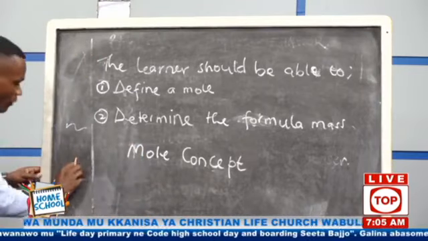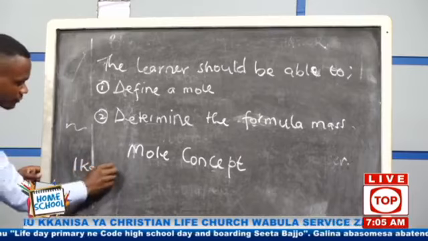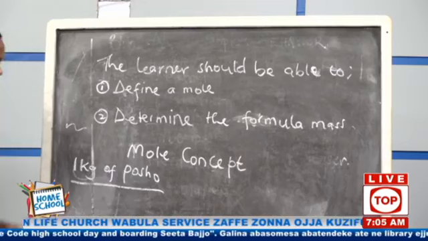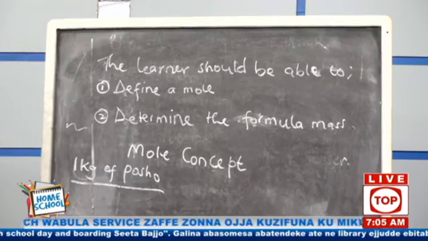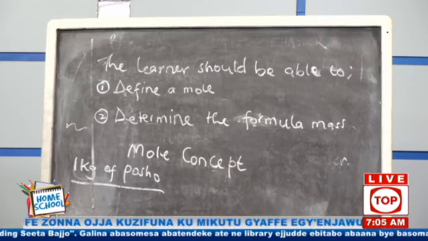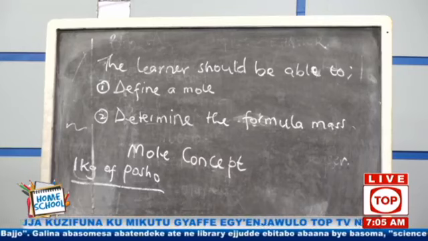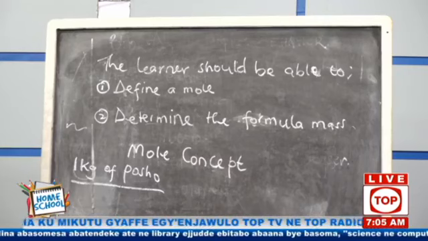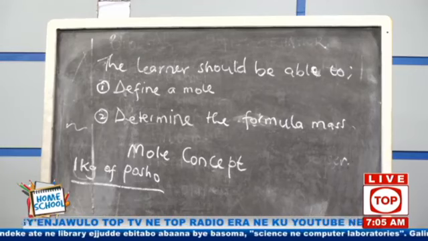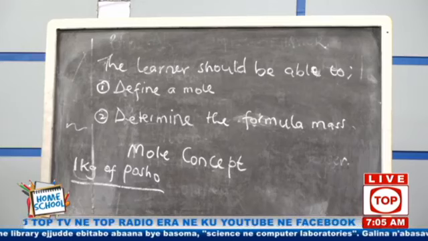We have just seen 1 kilogram of posho. Okay? Some of you say that, give me 1 kilogram of posho. But this 1 kilogram of posho, you don't know how many posho particles are there. So today we want to use that one as our example to go into details of chemistry concepts.